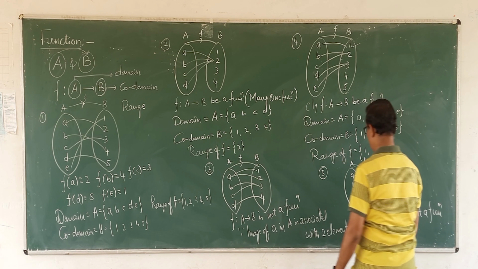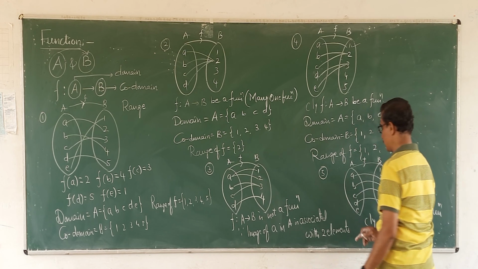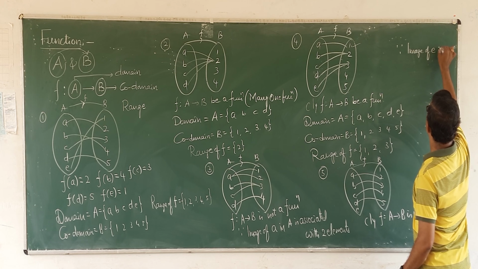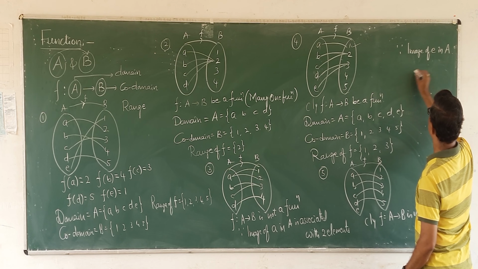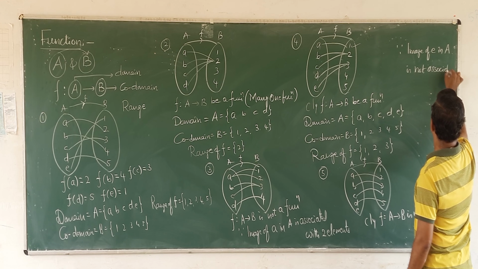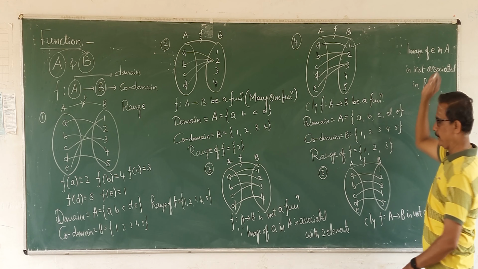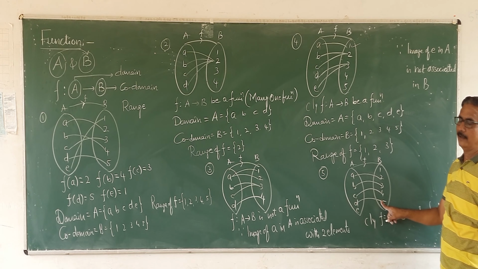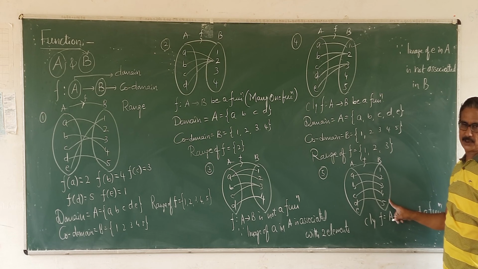Why is it not a function? Because the image of element E in the set A is not associated in the set B. There is no image, so it is not a function.